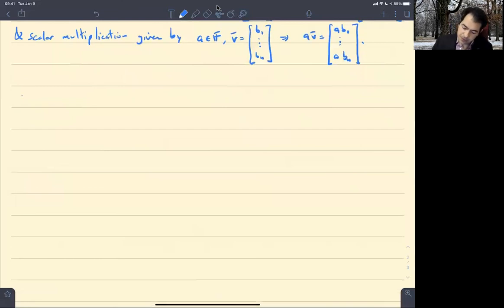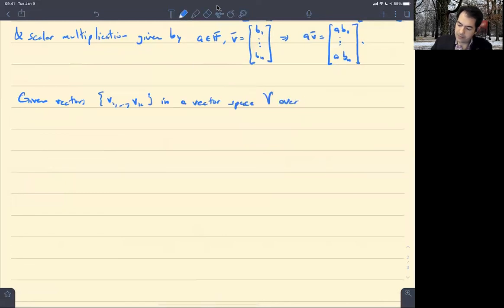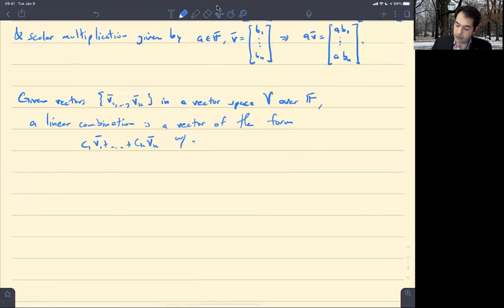So given vectors V1 through Vk in a vector space V over F, a linear combination is a vector of the form C1 V1 plus dot dot dot plus Ck Vk, with the Ci, these coefficients, elements of the field for all i.